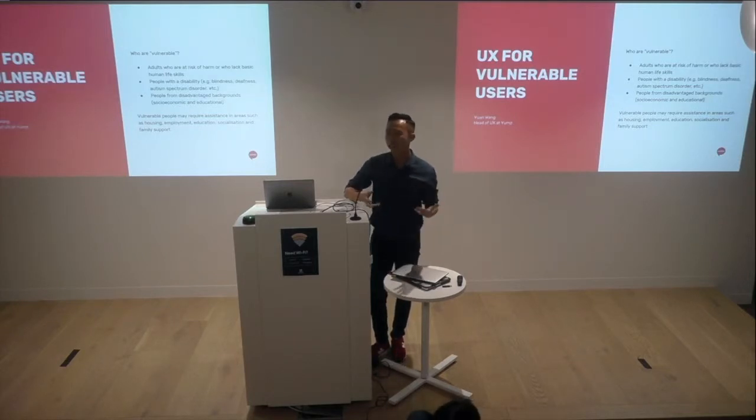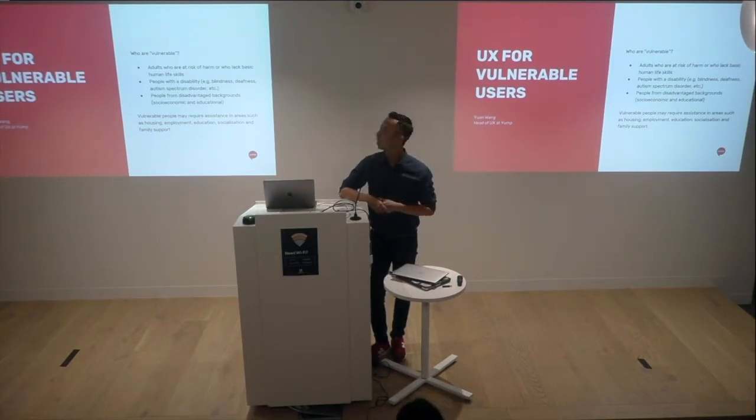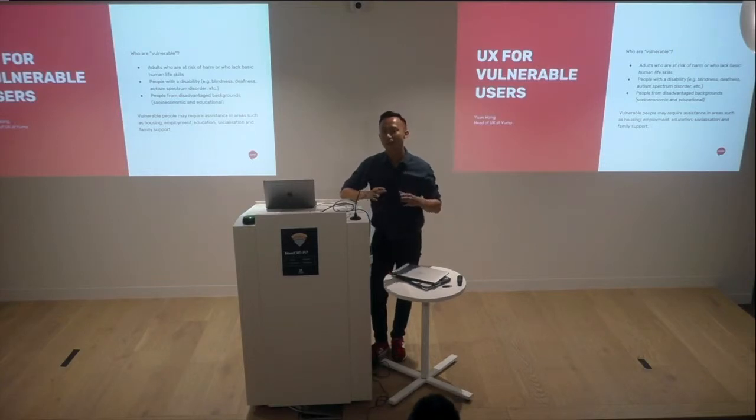Again, I'm not saying that someone with a disability is definitely vulnerable, but it can include people with a disability. And in this case, one of the case studies I'm talking about is people with autism spectrum disorder, and deafness, as well as people from disadvantaged backgrounds. Again, I'm careful not to apply a broad brush to lots of different people.